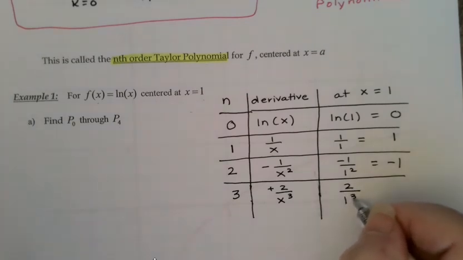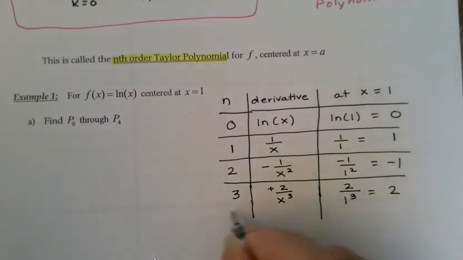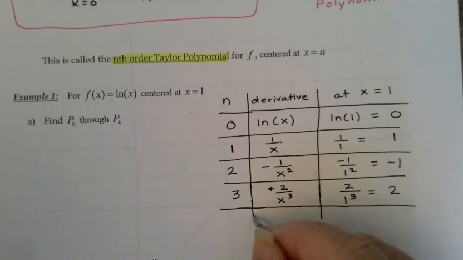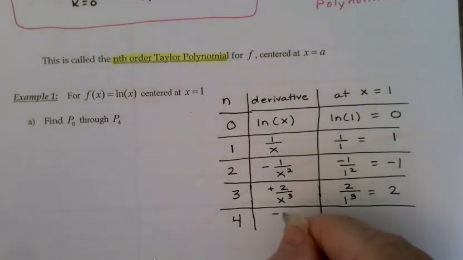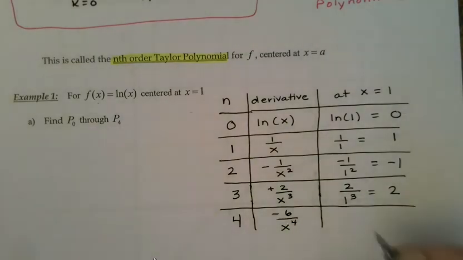Plugging in 1 gives me 2. And one more: the 4th derivative, derivative of 2x to the minus 3rd, would be negative 6x to the minus 4th, or negative 6 over x to the 4th. And plugging in 1 gives me negative 6.